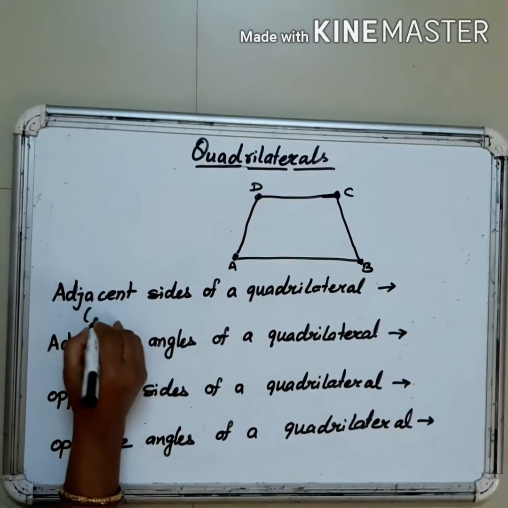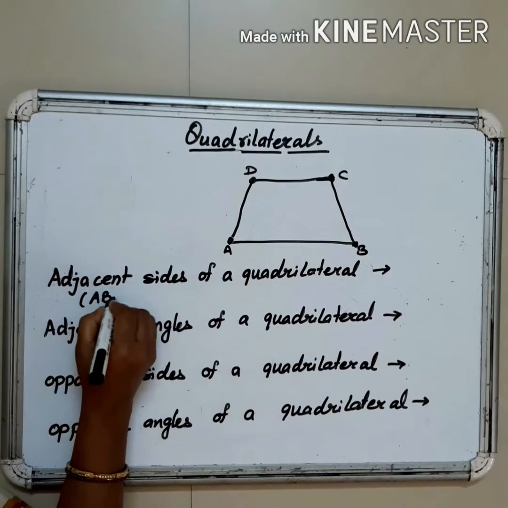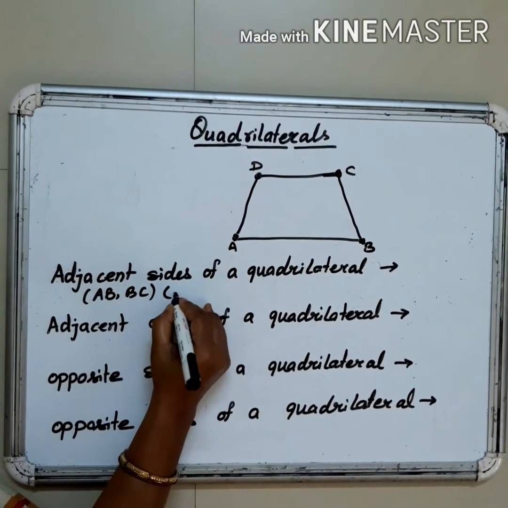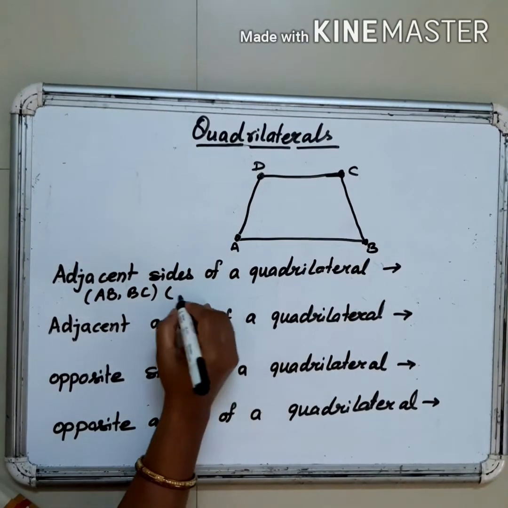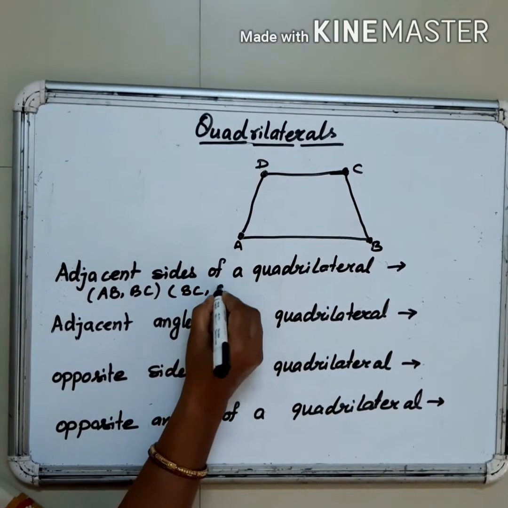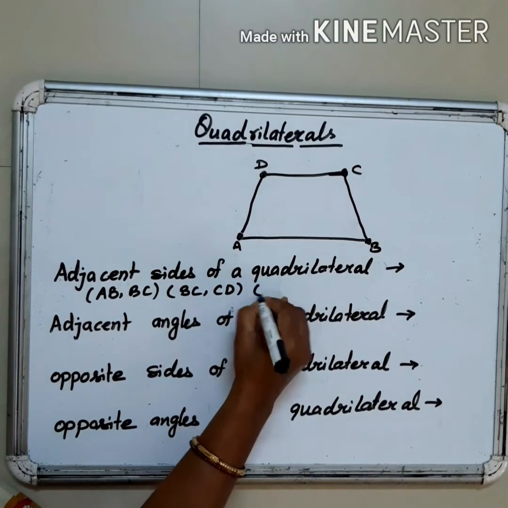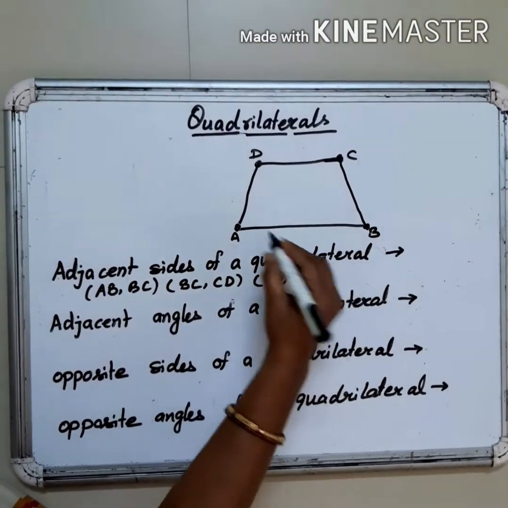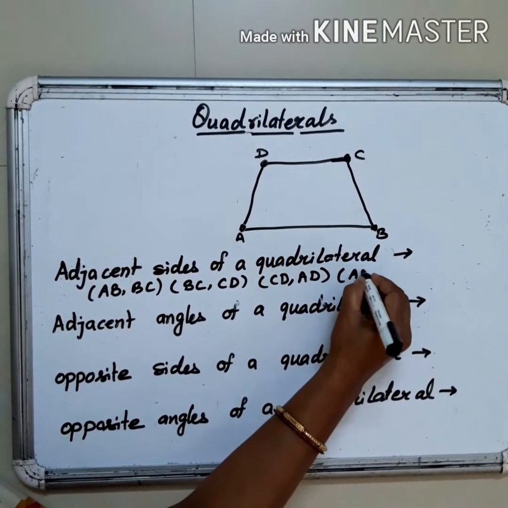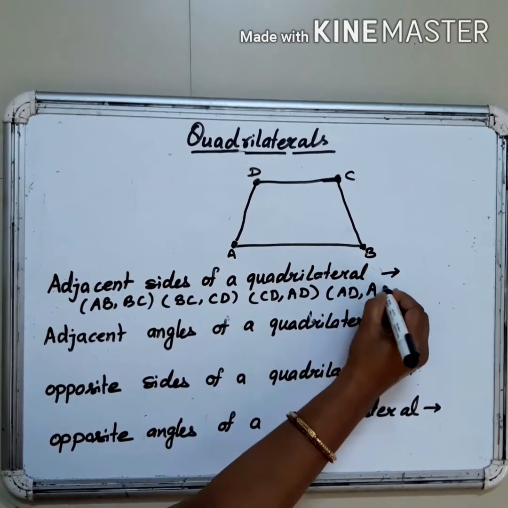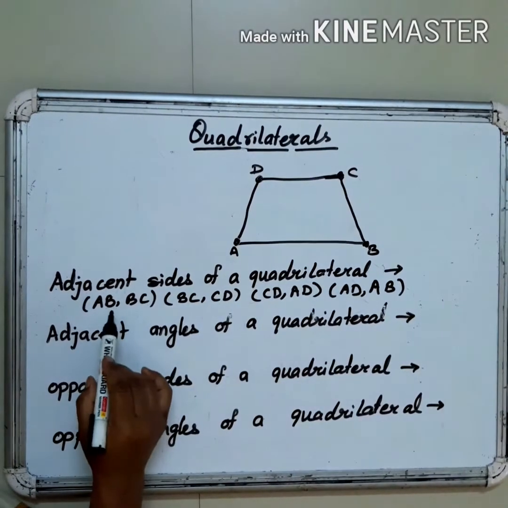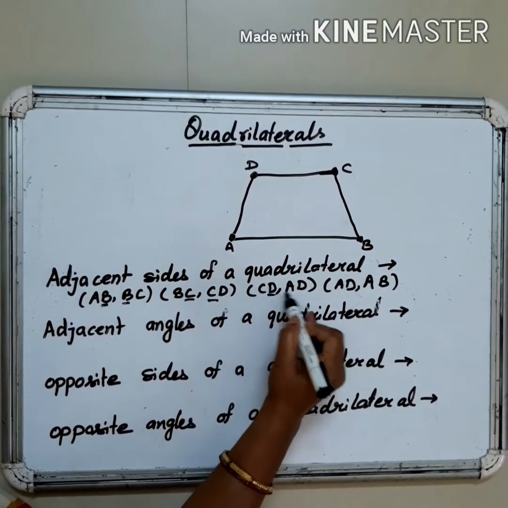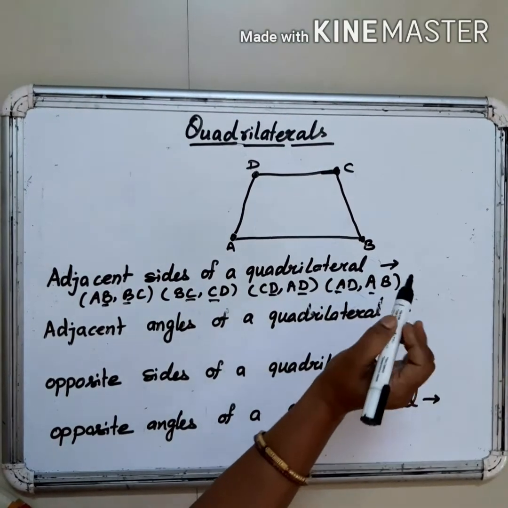First pair AB, BC, second BC, CD, third CD, AD and fourth pair AD and AB.